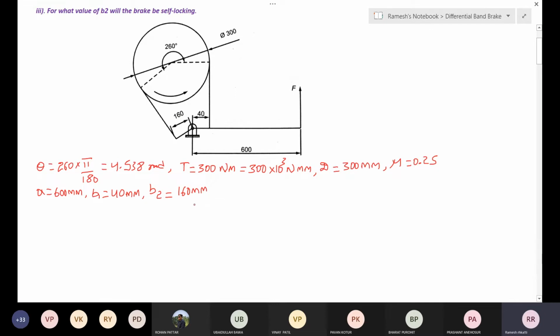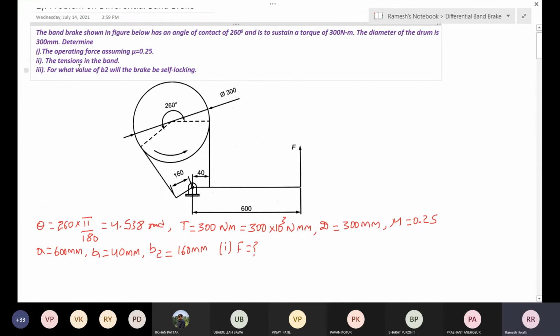First he has asked you to calculate F, the operating force. Second, he has asked the tension. Tension is nothing but F1 and F2. Second case, he has asked F1, F2. You need to calculate F1, F2.